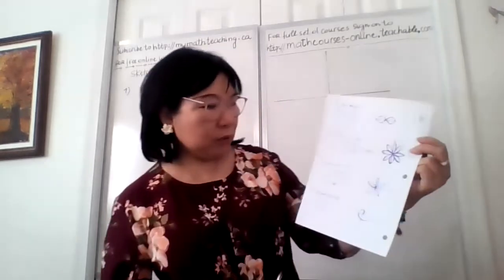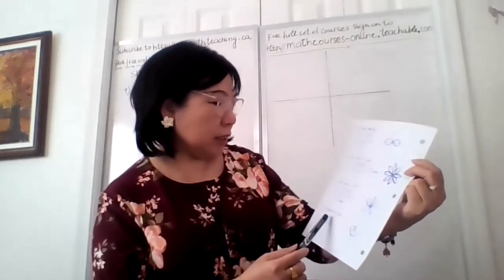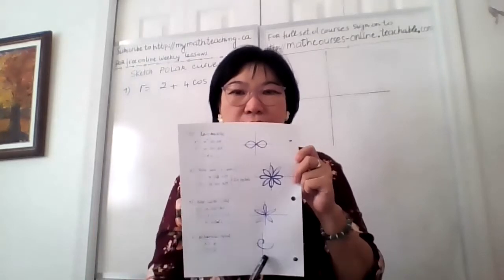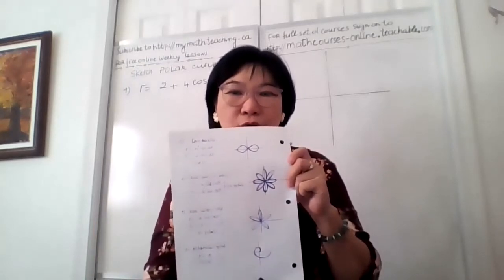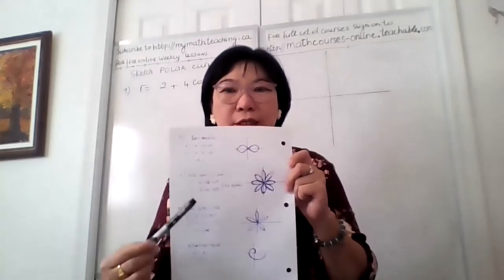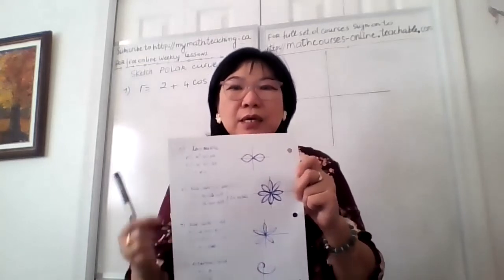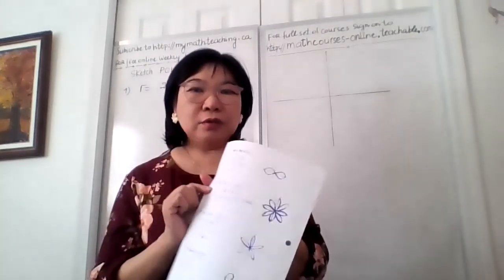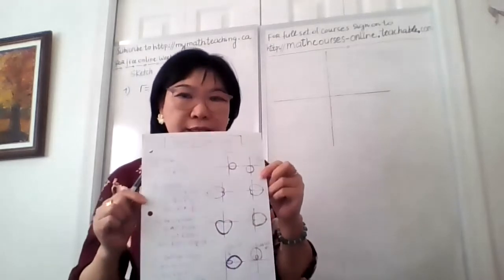And the last one, we call an Archimedes spiral. I'm not sure if I pronounce these curves accurately and correctly, but anyway, I introduce to you their names and their shapes generally. So let's get into the lesson.